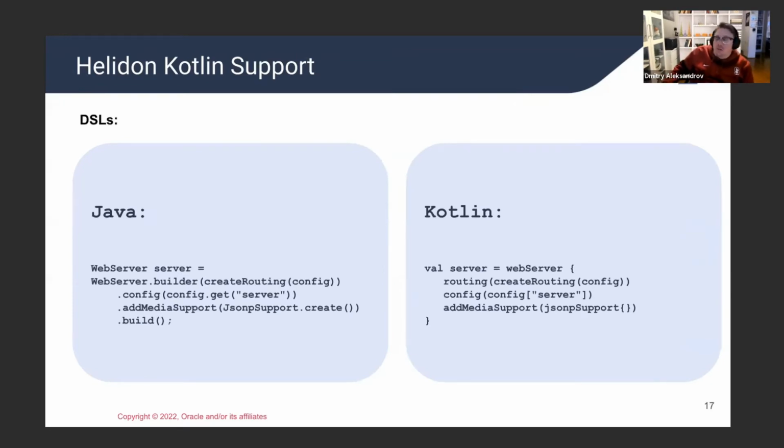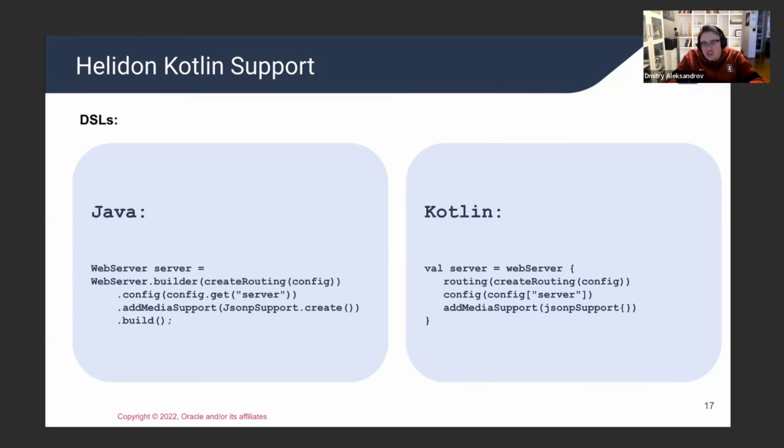And not only possible, but we also created our own special DSLs for writing your application in Kotlin in an idiomatic way. This is something we were talking about with Hippo from JetBrains, that there is an idiomatic way of doing Kotlin. That's why we created DSLs for the ease of it.